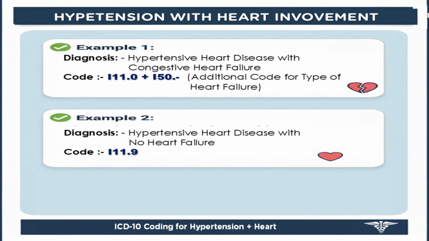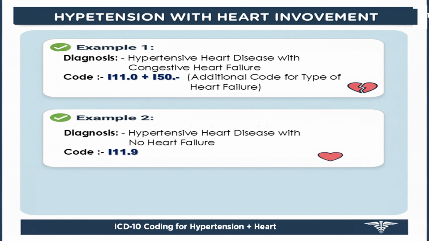In example 2, the diagnosis is hypertensive heart disease with no heart failure. This is a single code scenario. We simply use I11.9 as the heart damage, such as hypertrophy, is present, but it has not progressed to a state of failure. Mastering these combination codes ensures comprehensive and accurate reimbursement.